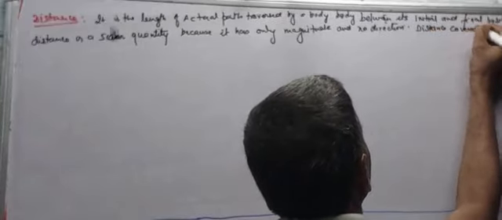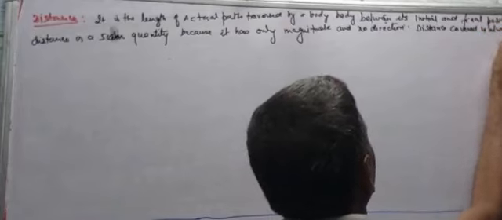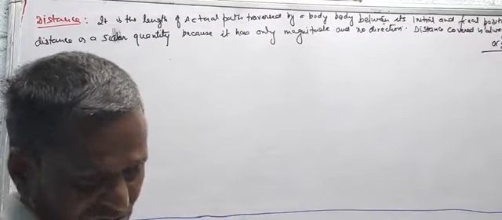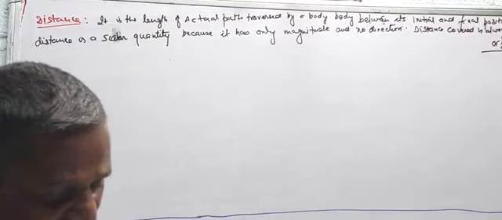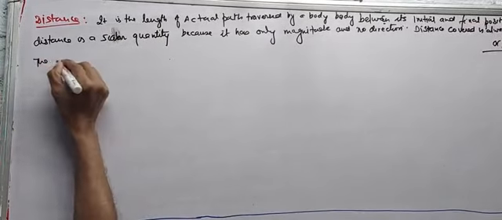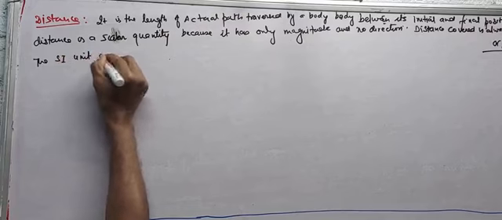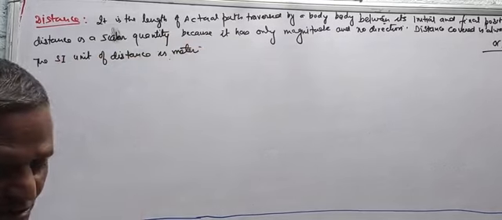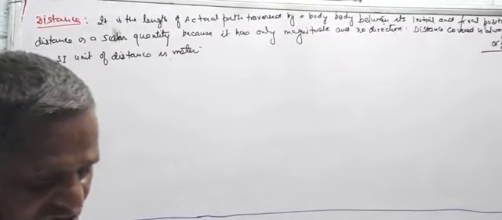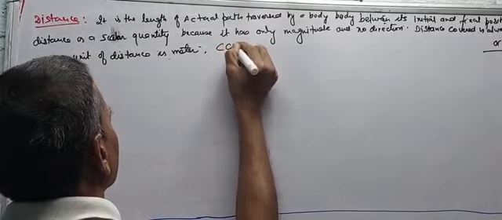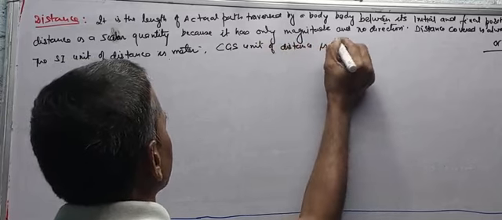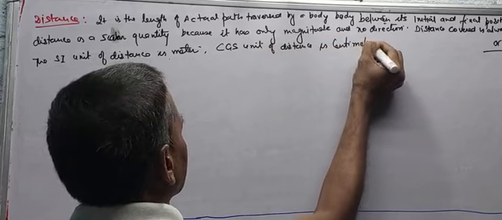The SI unit of distance is meter. The CGS unit of distance is centimeter.